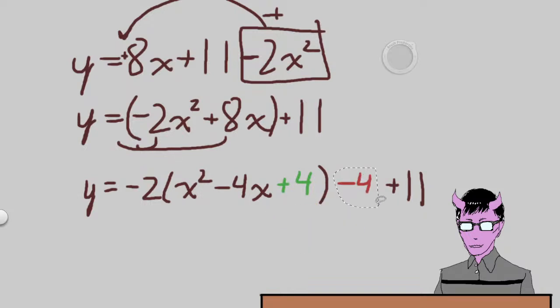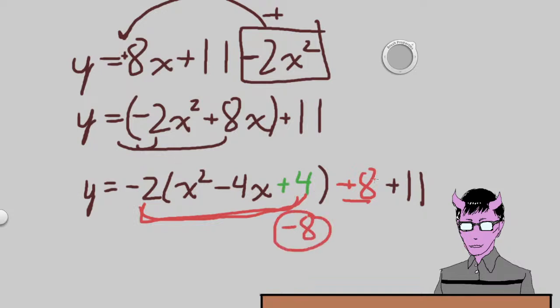So that's not a minus 4, that's a plus 8. So this plus 8 will negate the negative 2 times the positive 4. This negative 8 is thereby cancelled with that one, leaving the 11 that we had in the original, so that's good to go.